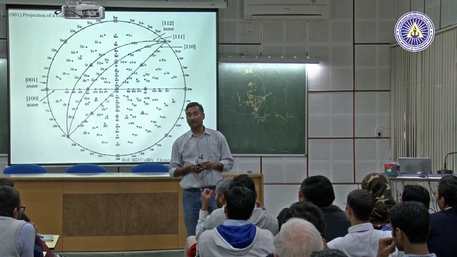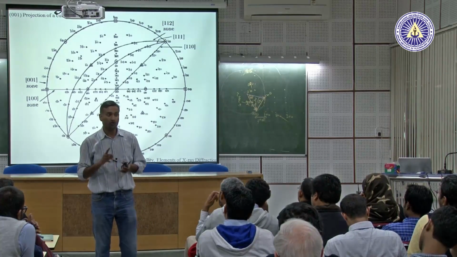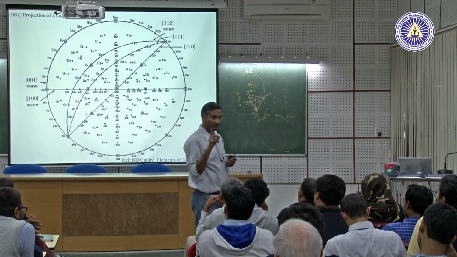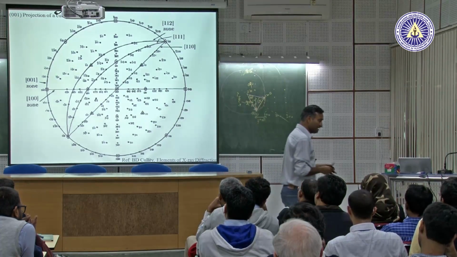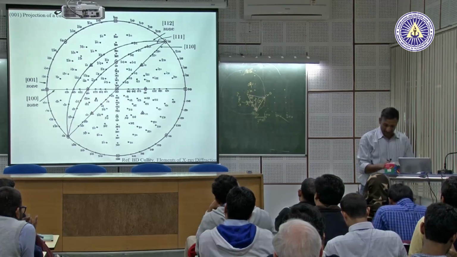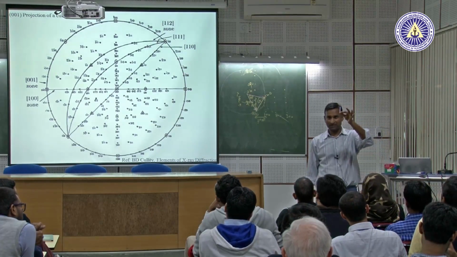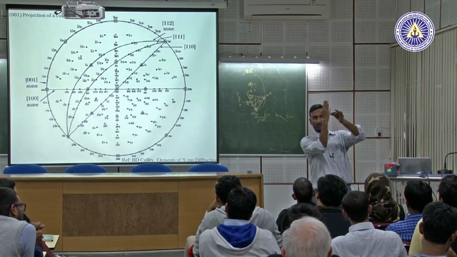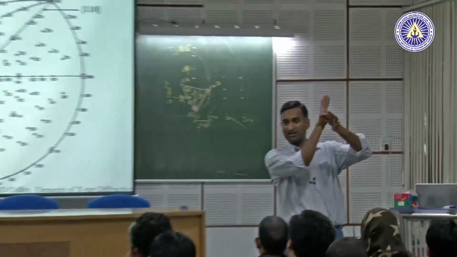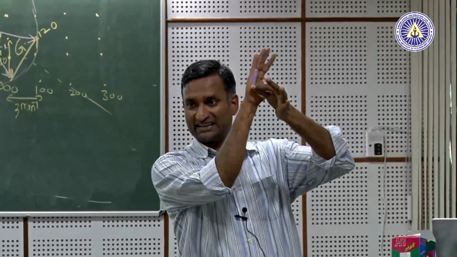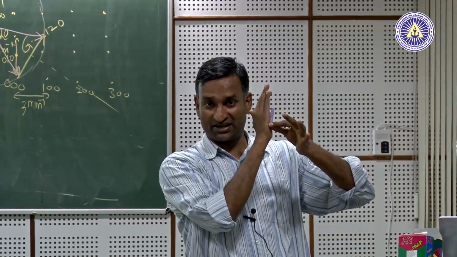So what is zone axis? Zone axis is the direction which is common to multiple planes. Okay, let's say you have a vector, right? This is a vector which is a direction. You can have a plane like this. You can have a plane like this. You can have a plane which is coming at some other angle. So there are multiple planes which are intersecting each other, and they all have a common direction.